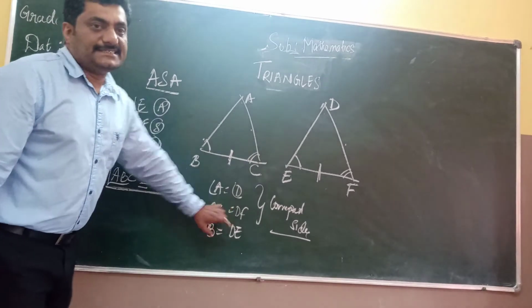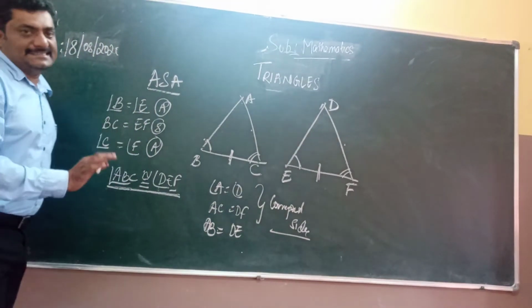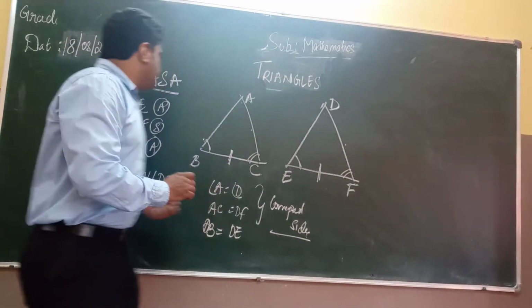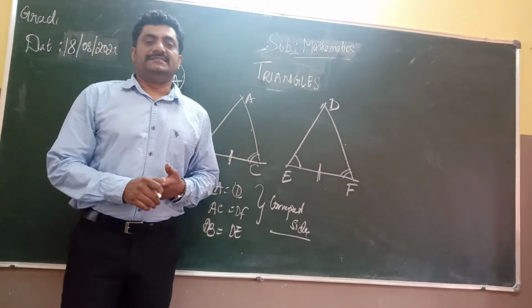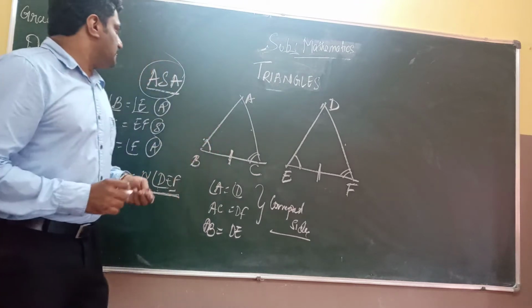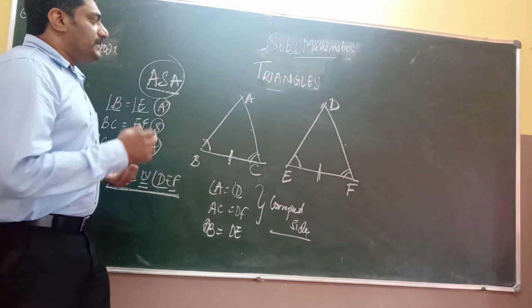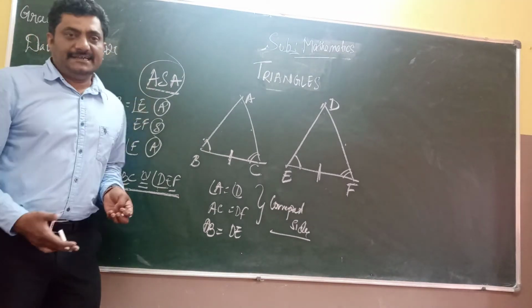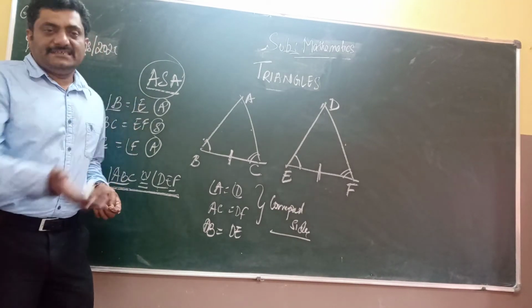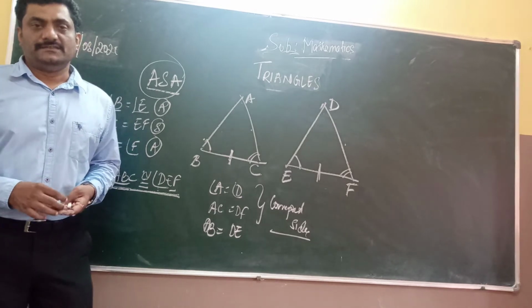These are the corresponding sides. So in this criteria also we are just checking only three things: two angles and included side. And this is about the ASA. Now whatever the criteria we are talking, first we will understand what exactly it is, and later we will do the problems based on that.